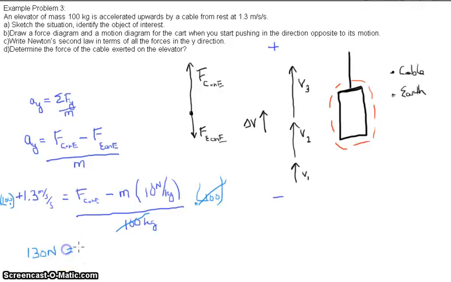This will equal the force of the cable on the elevator minus 100 kilograms times 10 newtons per kilogram, which this would then equal 1,000 newtons.